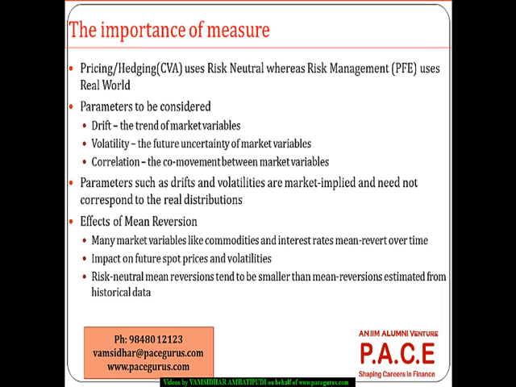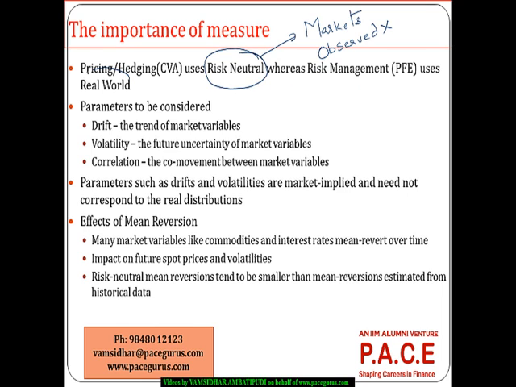See, generally, a few bullet points to keep in mind. The pricing world always uses a risk neutral approach. Risk neutral, just for a definition perspective, is something which is derived from the markets. The probability is derived from the market. It is not observed in the historical data.